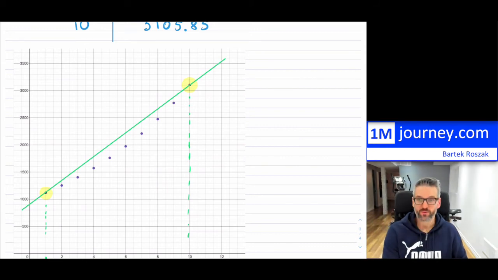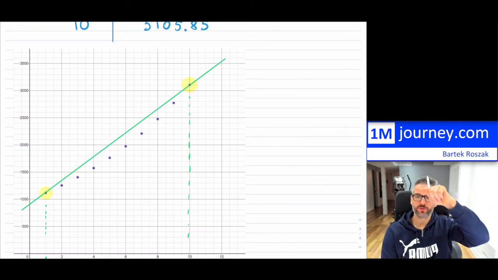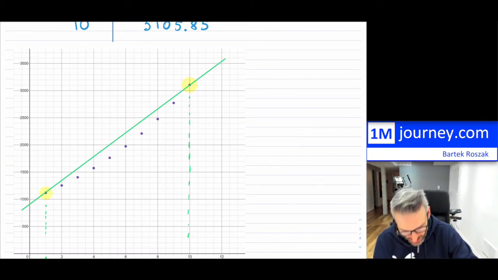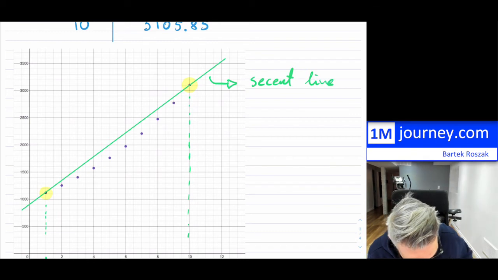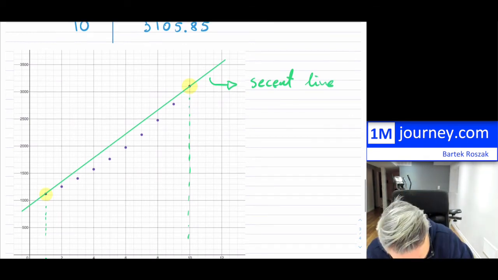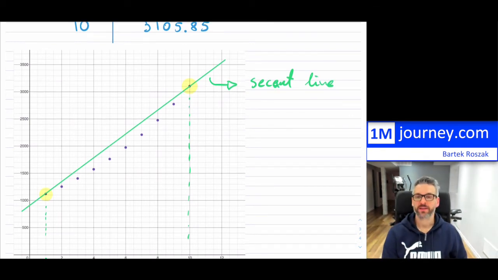Now notice, when you do that line, it actually doesn't go through all the points. So we call this line the secant line. So this is what it's called. Now, that secant line can change depending on the points you pick if your function is nonlinear. And in here, it looks like it's nonlinear.